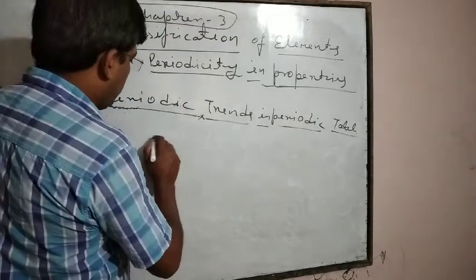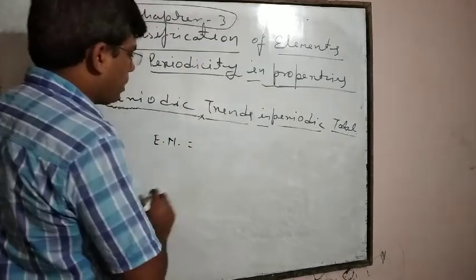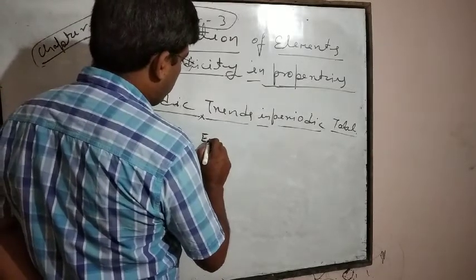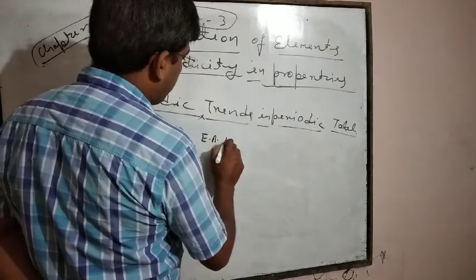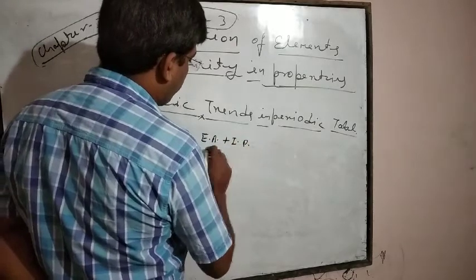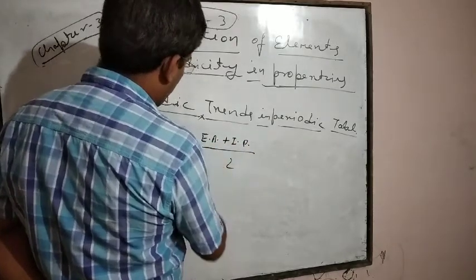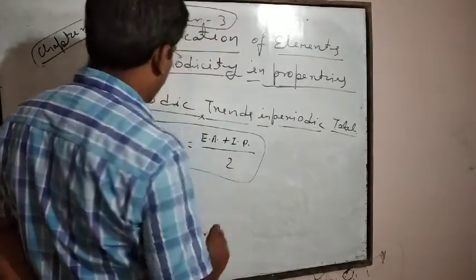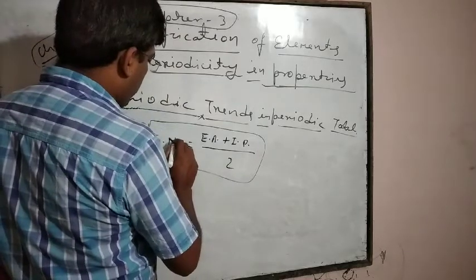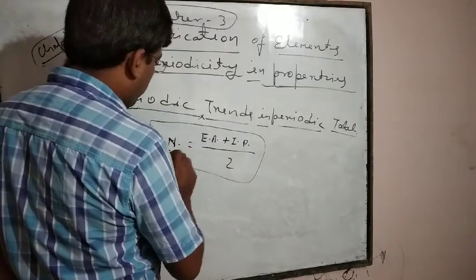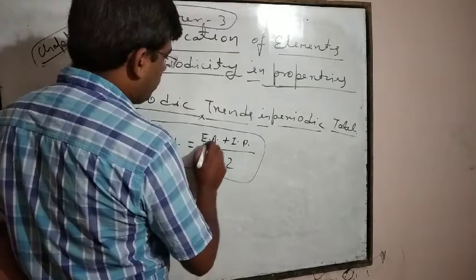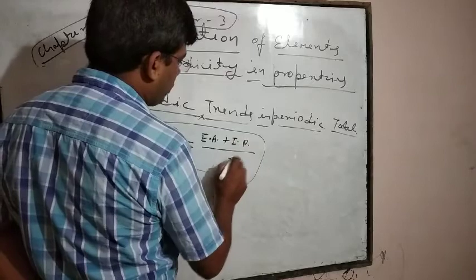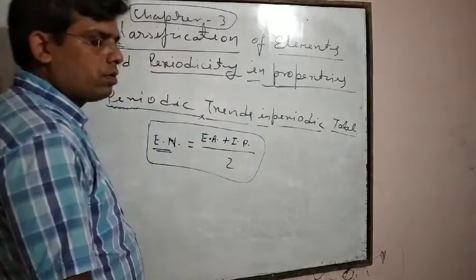Electronegativity, EN, can be calculated on the basis of EA, electron affinity, plus IP, ionization potential, upon 2. Electronegativity is equal to the EA, electron affinity, plus IP, ionization potential, by 2.